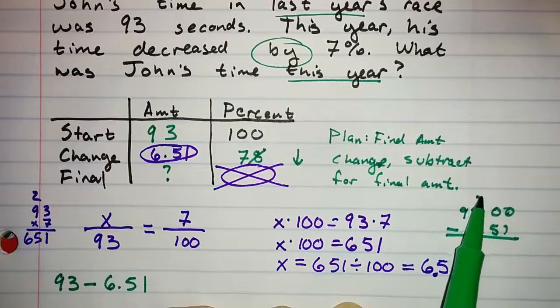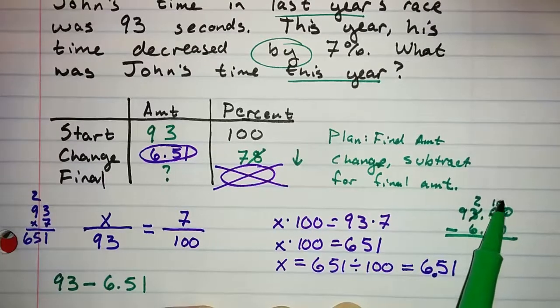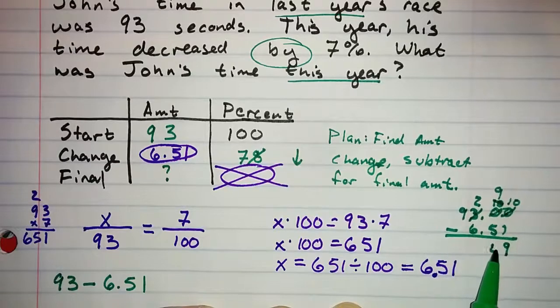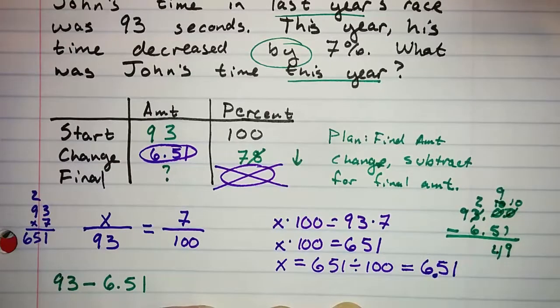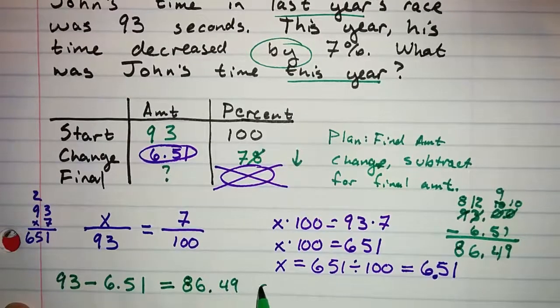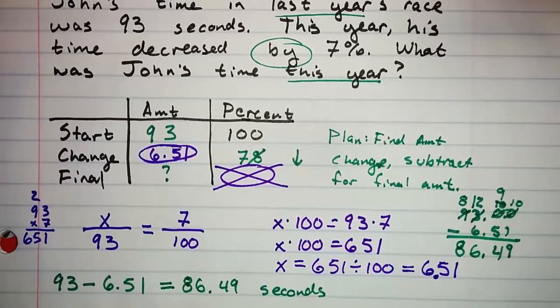Borrowing from this place now, borrow from the 10 I just got. 10 minus 1 is 9. 9 minus 5 is 4. 2 minus 6, can't do it, borrow again. 12 minus 6 is 6. 8 minus nothing is 8. 86.49 seconds was John's time this year.